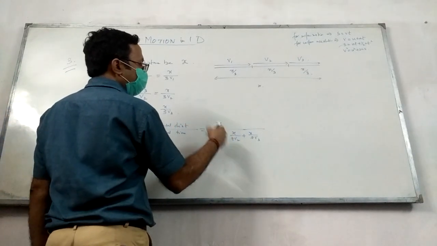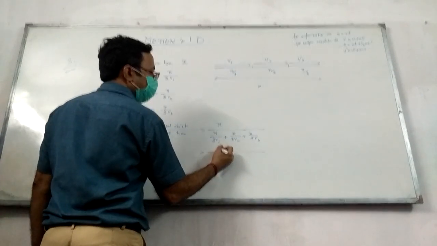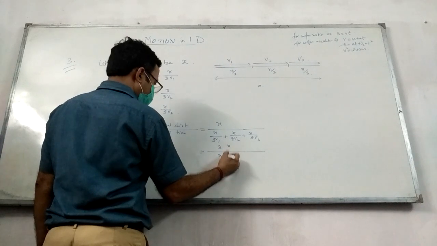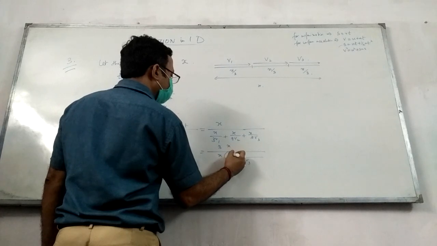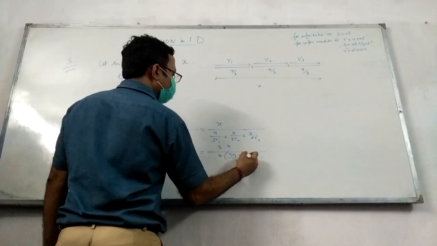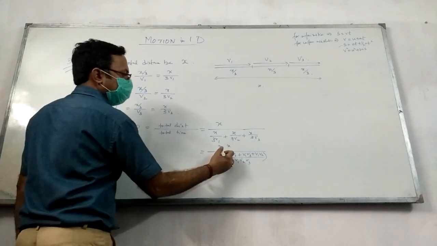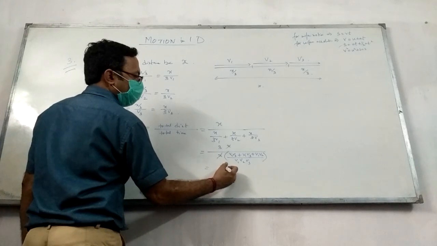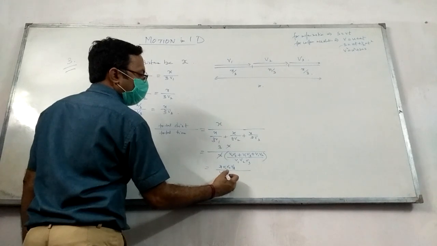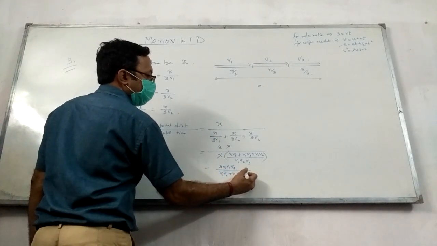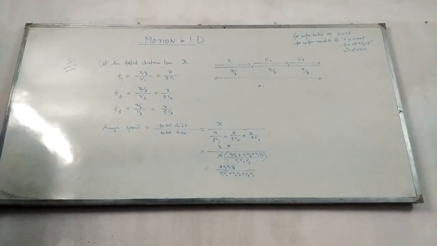Then x divided by x by 3, we can bring 3 up and take the LCM. So you can cancel out x from the numerator and denominator: 3 v1 v2 v3 divided by v1 v2 plus v2 v3 plus v3 v1.